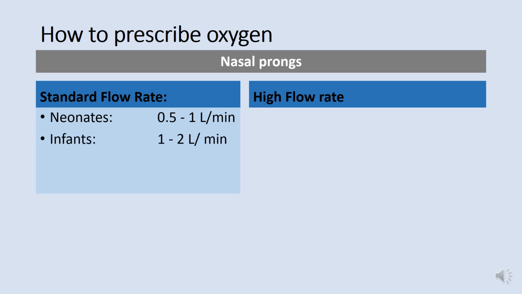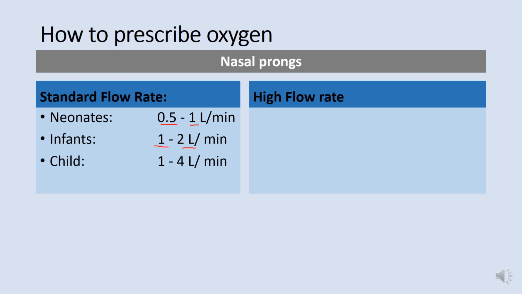For infants, it will be between 1 and 2 liters per minute. So you see, from the neonate to the infant, we are doubling the flow rate. Okay? It's an easy way to remember. And then for the bigger child, it is 1 to 4 liters per minute. That is for the standard flow rate.